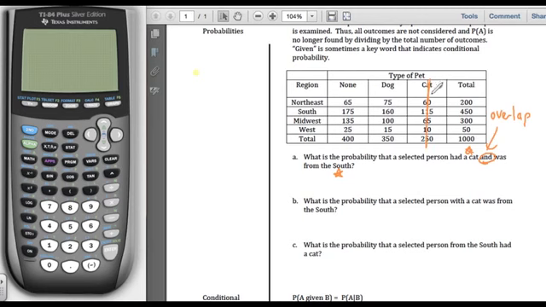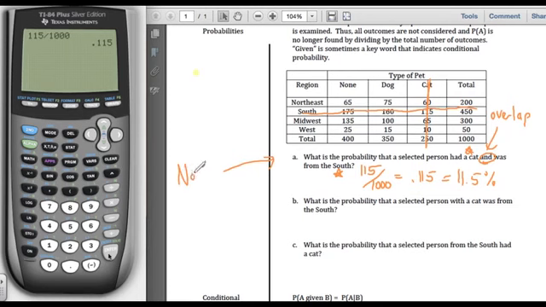Here is the cat column. Here is the South row. They overlap at 115. So it'll be 115 out of 1,000. As a decimal, I could take this 115 divided by 1,000, and I get 0.115 or 11.5%.